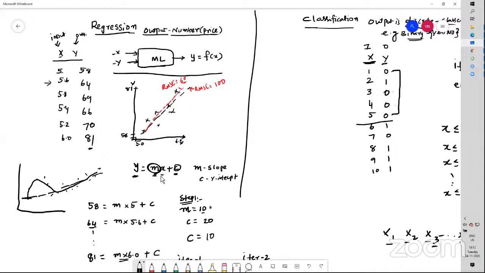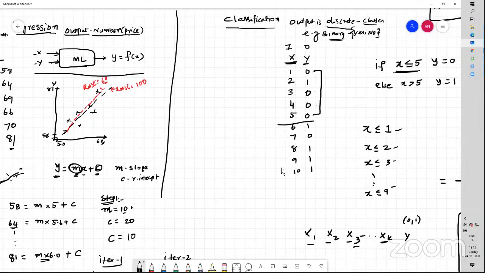So we need a combination of a lot of non-linear functions to represent this. That is the complexity where machine learning faces a lot of challenges.